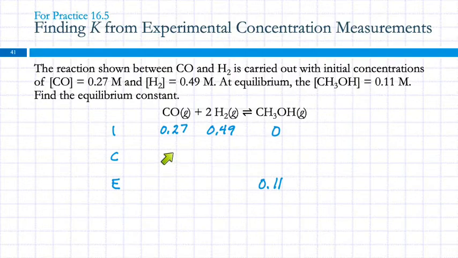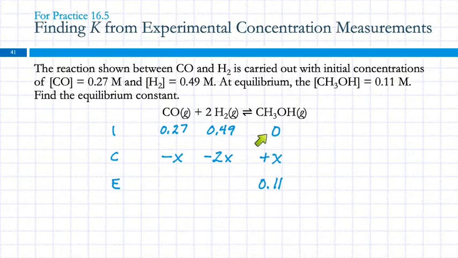It's simplest if you let X be the change in something that has a coefficient of 1, right? So if this is decreasing by X, then H2 is decreasing by 2X. And CH3OH is changing by plus X. Everybody okay with that?